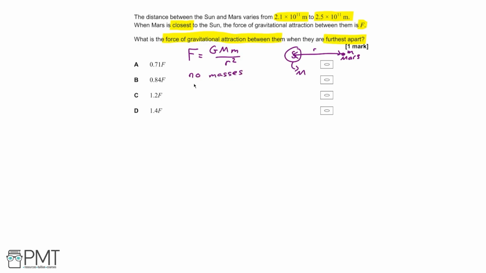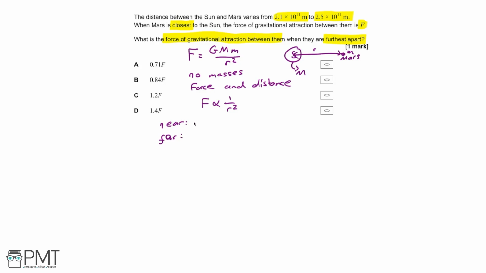Instead, we have the force and distance at two different points. Therefore, it is helpful to consider the idea of proportionality, specifically that the force is proportional to 1 over the distance between the objects squared. So in this case, we can write two equations, one for the force when Mars is nearest to the Sun, and one for the force when Mars is furthest away.